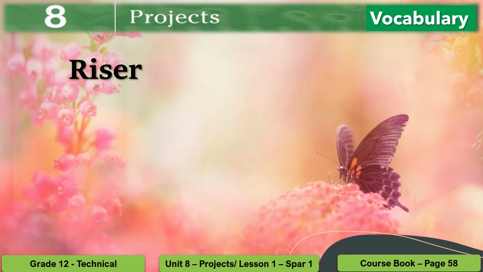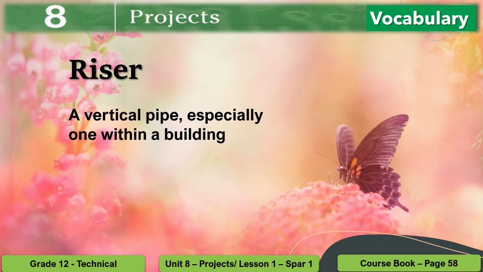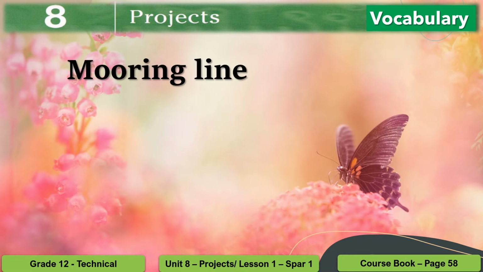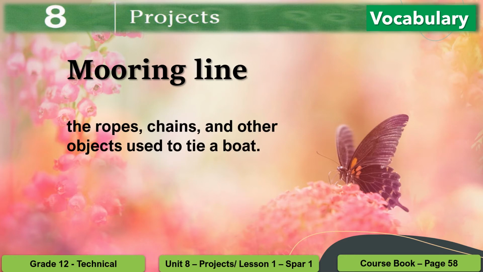The third one is riser, which is a vertical pipe, especially one within a building. Word number 4, mooring line, which is the ropes, chains, and other objects used to tie a boat.